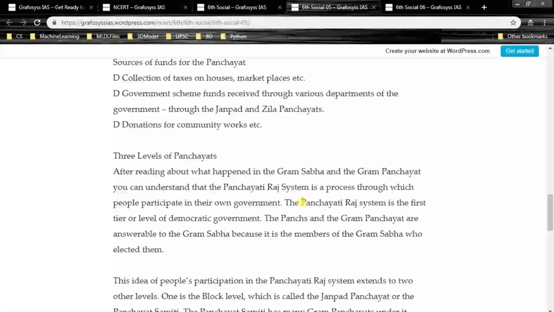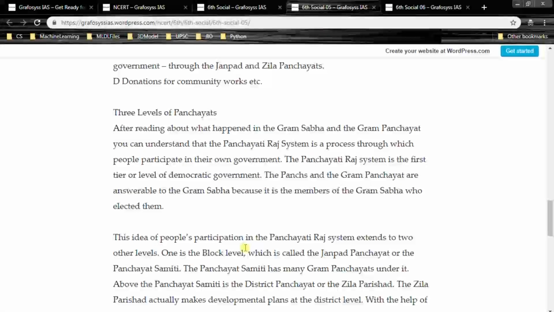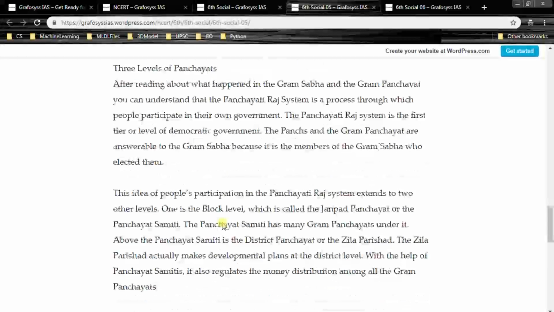The Panch and Sarpanch are answerable to the Gram Sabha because it is the members of the Gram Sabha who elected them, because these are the people who voted for them.